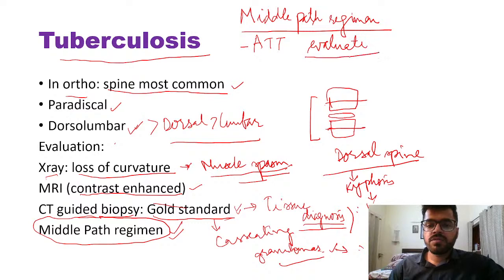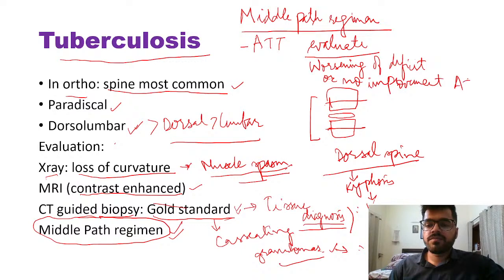We operate only when there is worsening of deficit or no improvement after ATT. That is the middle path regime that is used in spine TB.